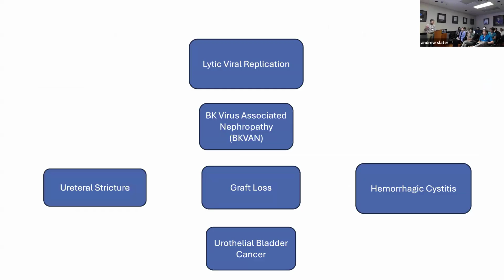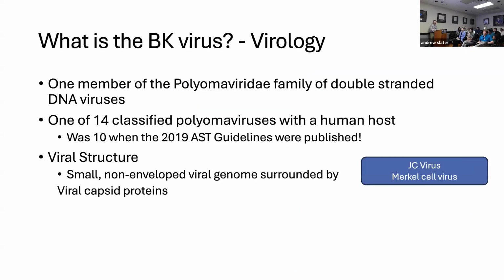It's this parasitic virus. It has lytic replication in our cells. It causes things we're all familiar with: BK virus-associated nephropathy, graft loss, hemorrhagic cystitis, ureteral stricture, and increasingly it seems to be associated with urothelial bladder cancer.